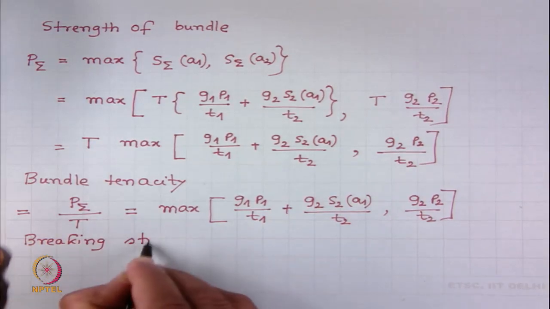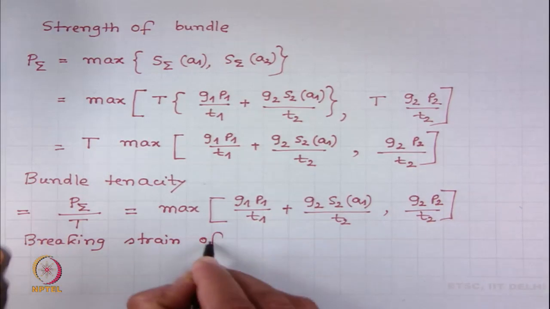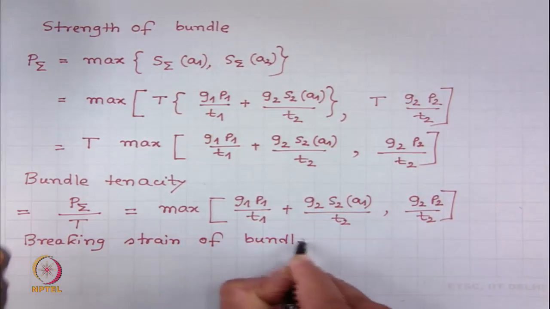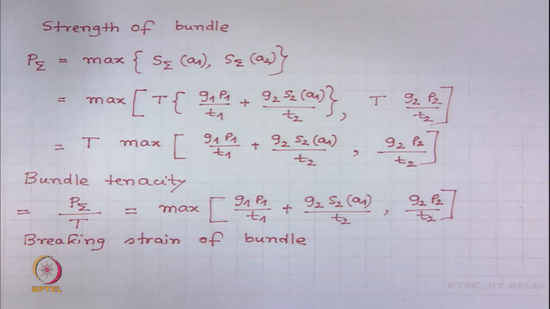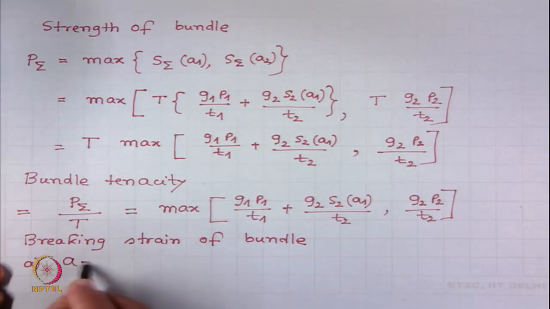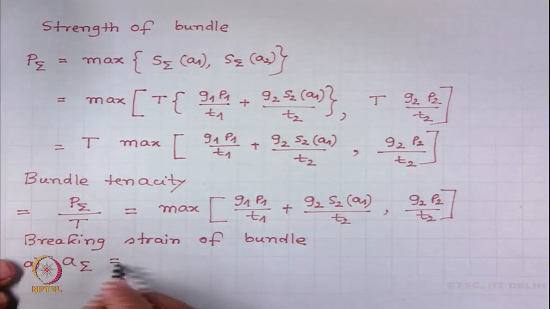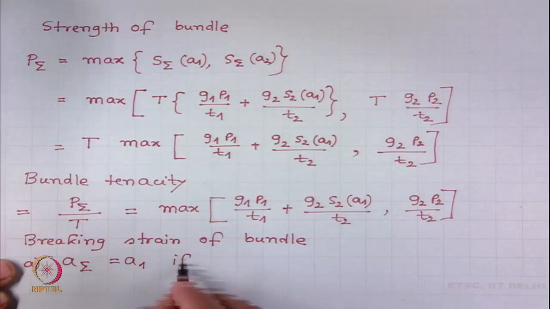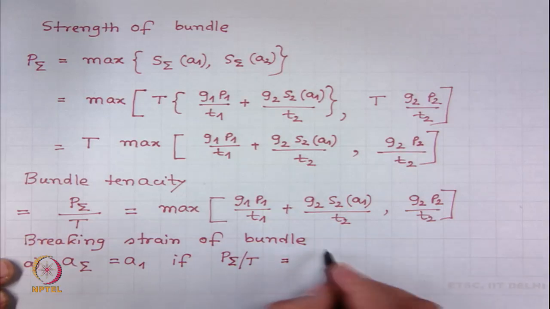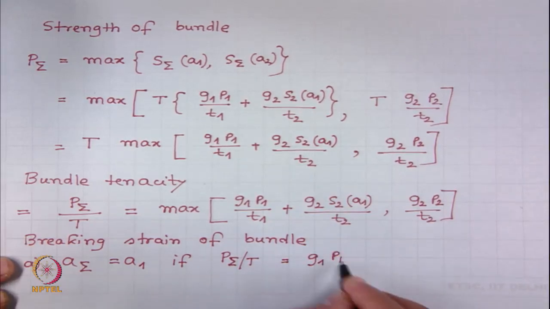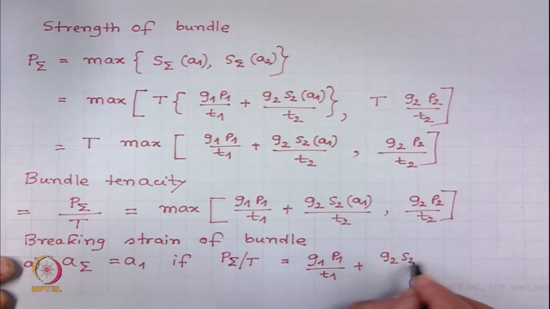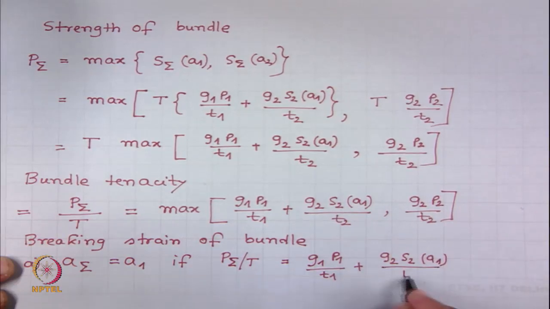Breaking strain of bundle. Two situations can arise. Breaking strain is denoted by this quantity. This can be equal to A1 if this T is equal to T2.